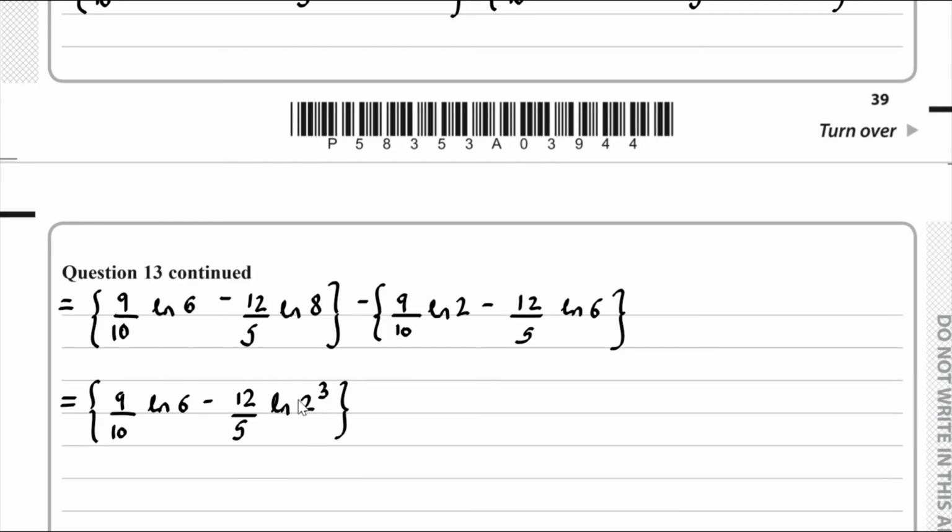Hopefully that makes sense as to why I'm doing that. And over here we have 9 over 10 times the natural log of 2 minus 12 over 5 times the natural log of 6. Okay, so hopefully so far so good.